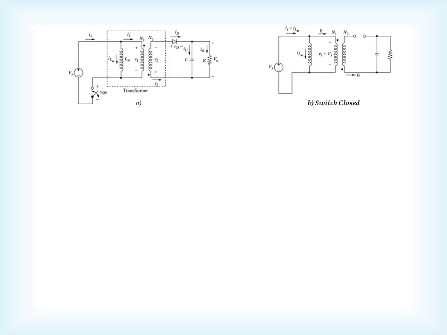Let us see the working of the circuit when the switch is closed. When the switch is closed, you can note that the positive terminal of the supply voltage is connected to the positive terminal of the transformer. So the voltage drop across V1 equals Vs. If the dot on the primary is positive, the dot on the secondary is also positive, which means the other end is negative.